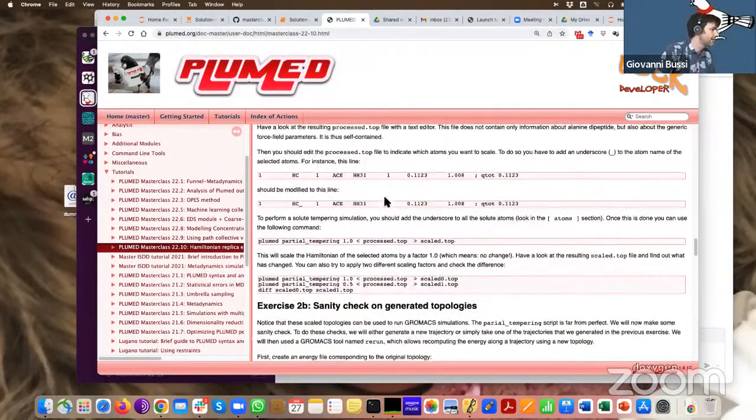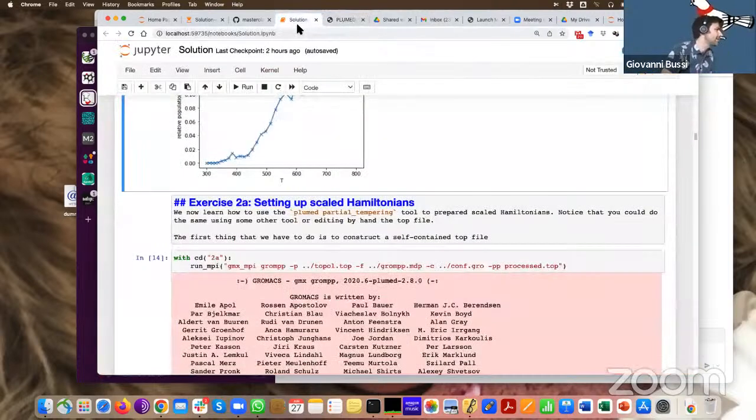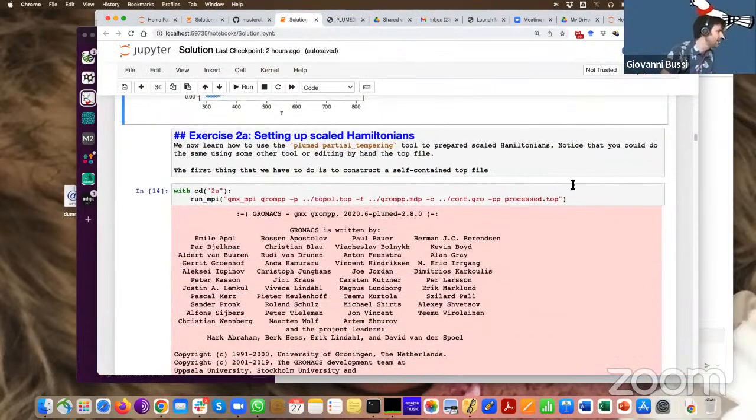In particular, the problematic thing is if you want to use CHARMM with CMAPs. That's tricky. If you are running your system with CHARMM and want to scale the CMAP potentials, you have to look in the mailing list. It's explained how to do it. Anyway, these simulations for the exercise are with Amber, luckily.